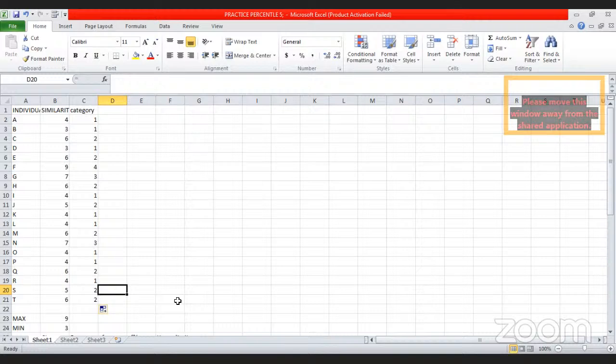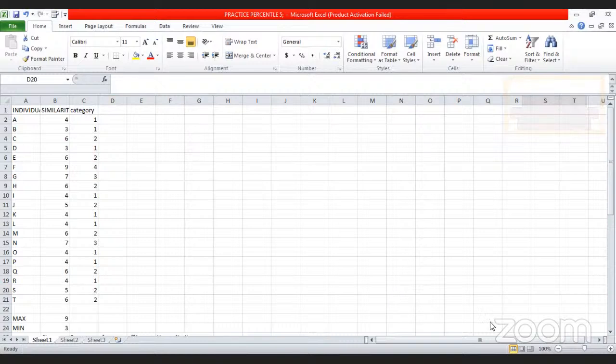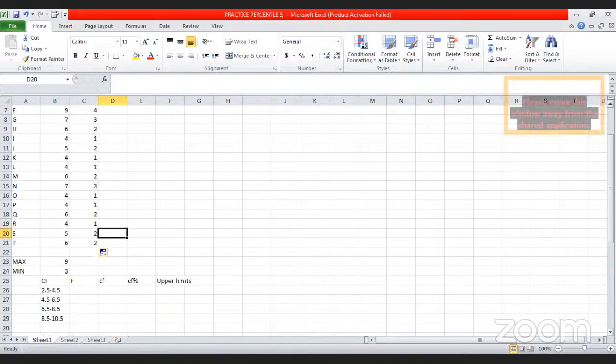So now I am proceeding. After this categorization, I have to calculate the frequency. So I have to count how many 1s there are, how many 2s there are, because 1 is categorized as 2.5 to 4.5.